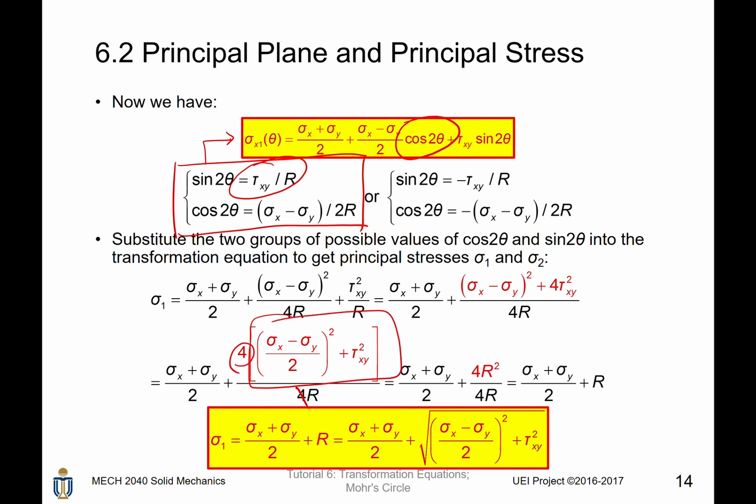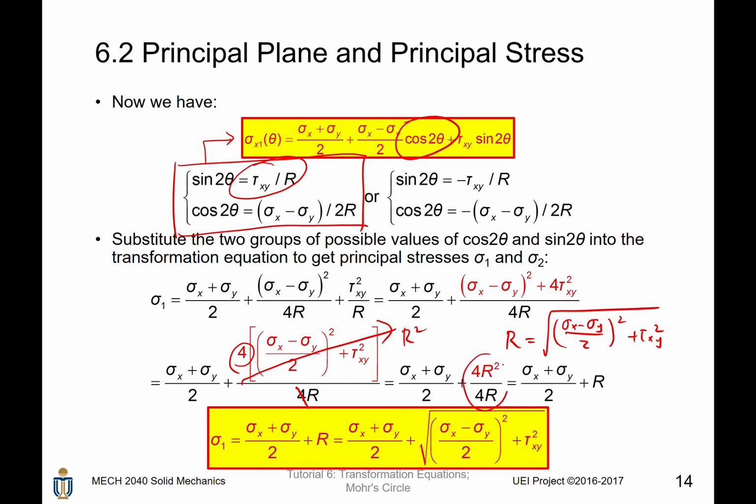Just now we said R equals the square root of sigma x minus sigma y divided by 2 squared plus tau xy squared. You can see here there is no square root, so this term will automatically become R squared, and here the R squared is cancelled with R, then this term will become R.